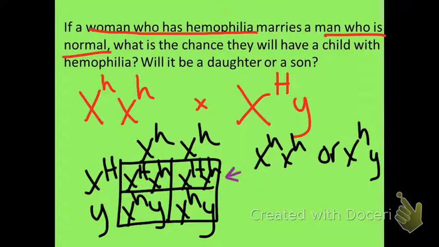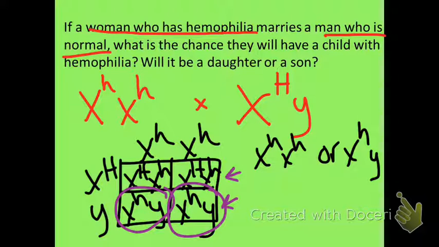Are there any females that are going to have hemophilia? No, because none of our female offspring have X little h, X little h. Let's look at the male offspring. Do any of them have X little h, Y? And the answer is yes. Both of them have X little h, Y.